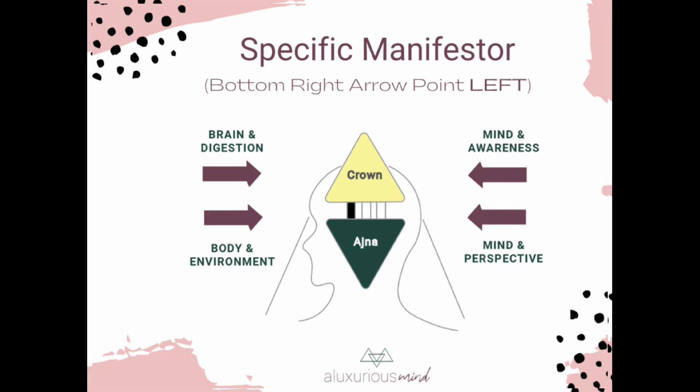If your bottom right arrow points left, this means you're a specific manifestor. And this also means you likely thrive on the process of choosing what you want down to the tiniest detail when you're calling in things. You probably know exactly what you need to be excited about when you're calling in your manifestations. So you are designed to be very specific.